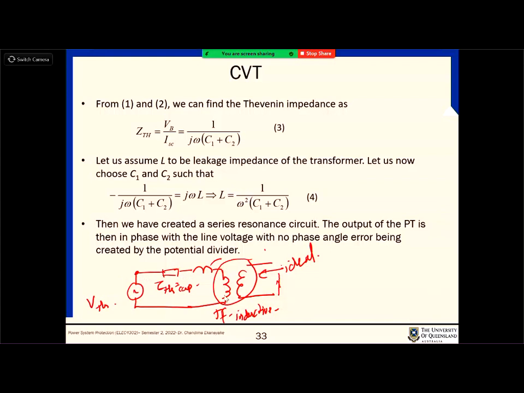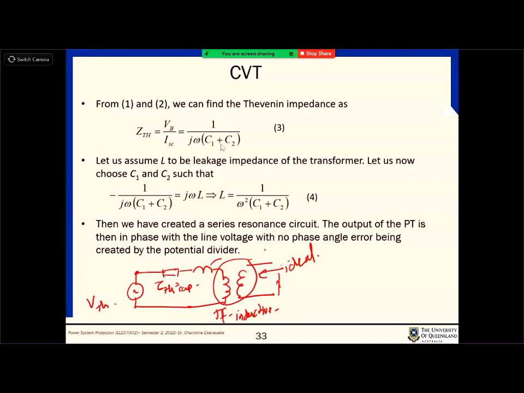How can I achieve that? How can I avoid this voltage drop? By balance. Basically, the capacitive impedance should be equal to the inductive impedance. Then the total impedance becomes 0, which we call resonance. So that is what we have done here.